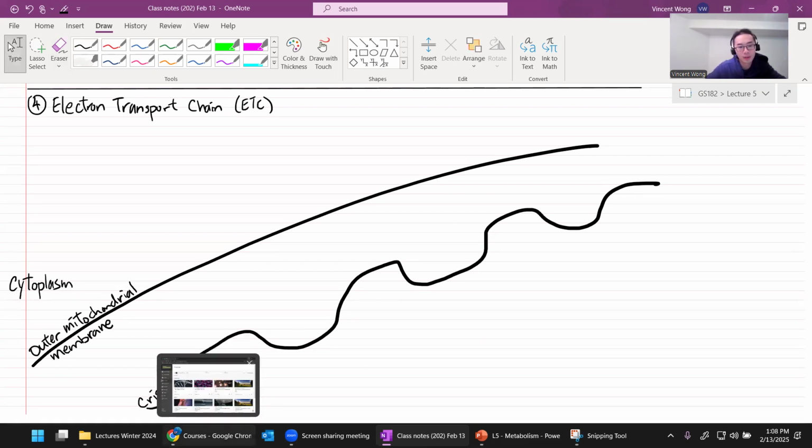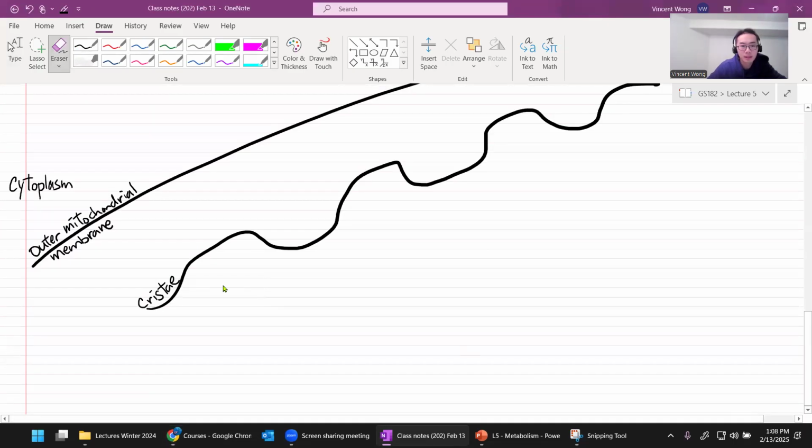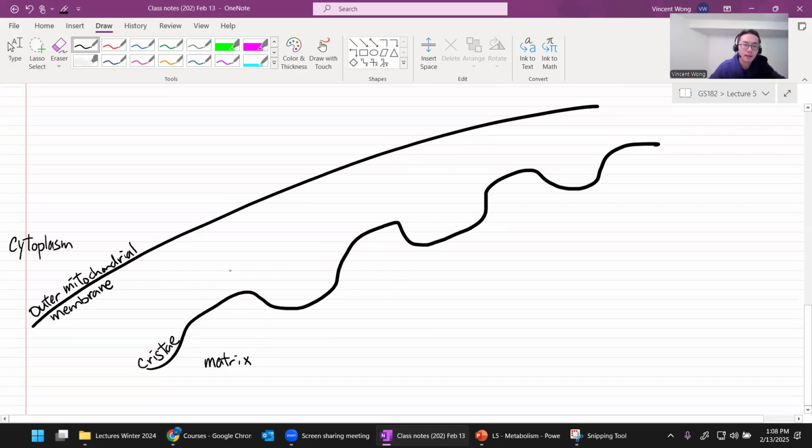And on the inside, this is the matrix. We also have a space between the two membranes, and you might recall that is called the intermembrane space. There you go.